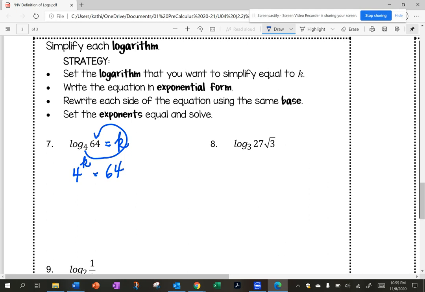So my goal is I want to rewrite to the same base. So I know that 64 is really 4 times 4 times 4. So 4 to the k equals 4 cubed. So when my bases are equal, then my exponents are equal. So I know k equals 3.